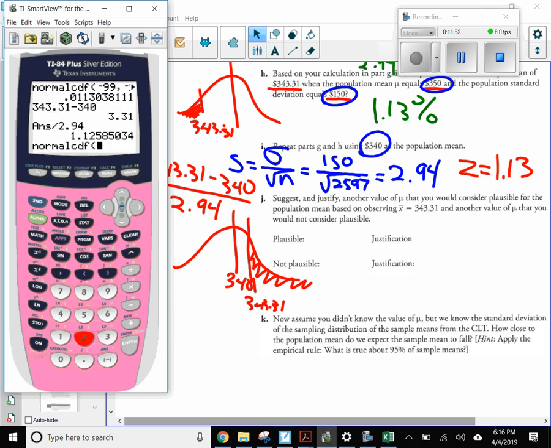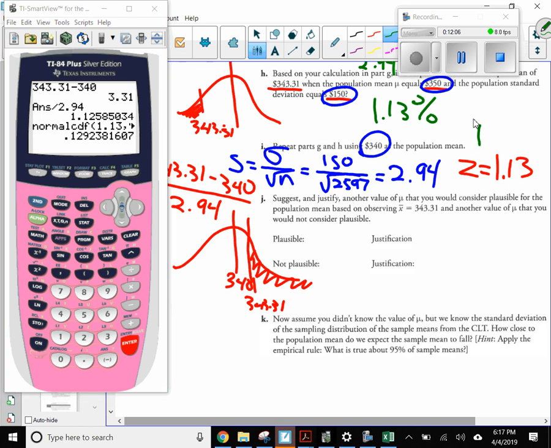I'm going to put in my z-score of 1.13, comma 99. Well, there's almost a 13% chance that I get 343.31 or greater. So that's much more likely than the 1.13% chance of getting 343 or less when I assumed a higher mean.